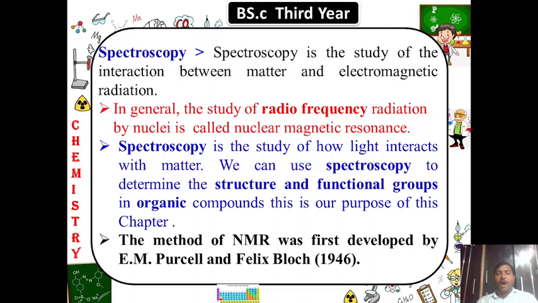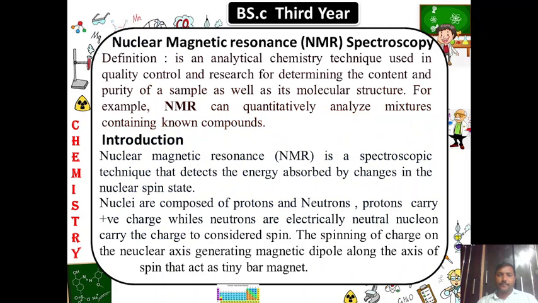Spectroscopy is a study of how light interacts with matter. We can use spectroscopy to determine the structure and functional groups in an organic compound. This is the purpose of this chapter. The method of NMR was first developed by E. M. Purcell and Felix Bloch in 1946.